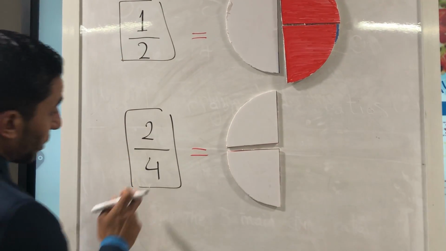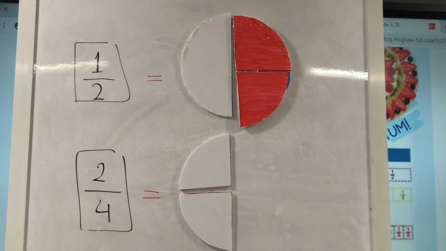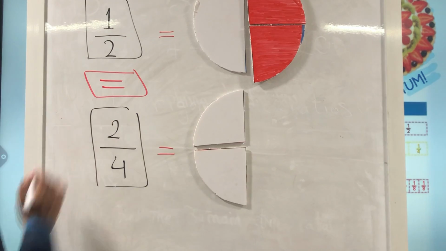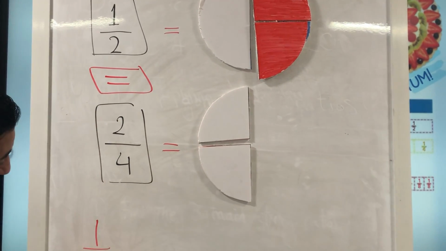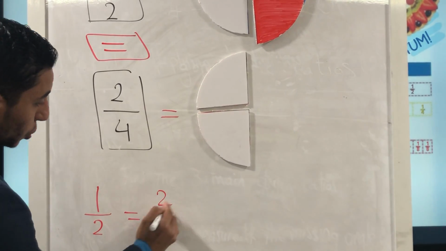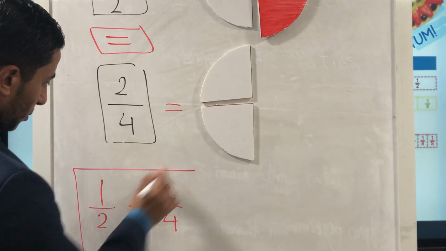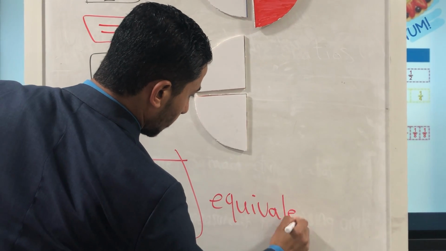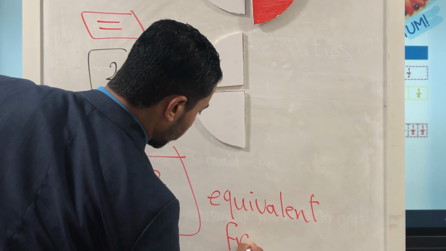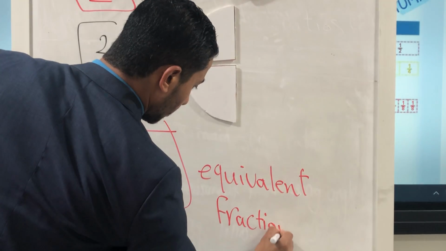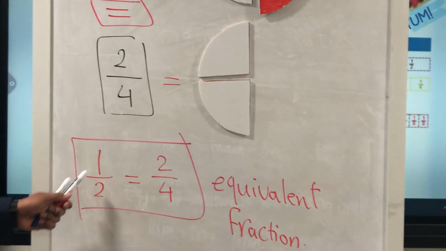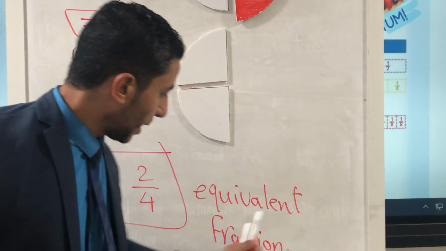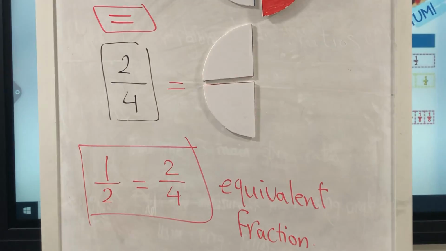So they are equivalent. So 1 out of 2, or 1/2, equals 2 quarters. That means equivalent fractions. Again, 1 over 2 equals 2 over 4. That means equivalent fractions. Don't forget.